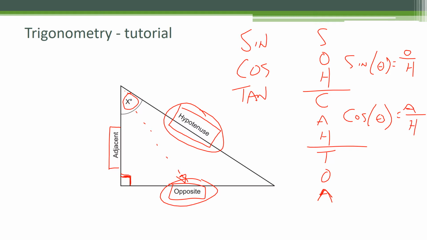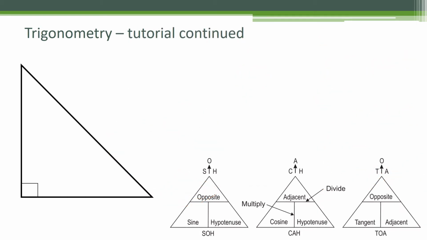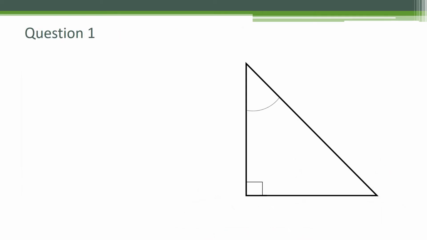And then finally the tangent. The tangent of an angle is equal to the opposite over the adjacent. Okay, lots of words. I promise you, it's not really that bad. Let's just do a practice problem here.